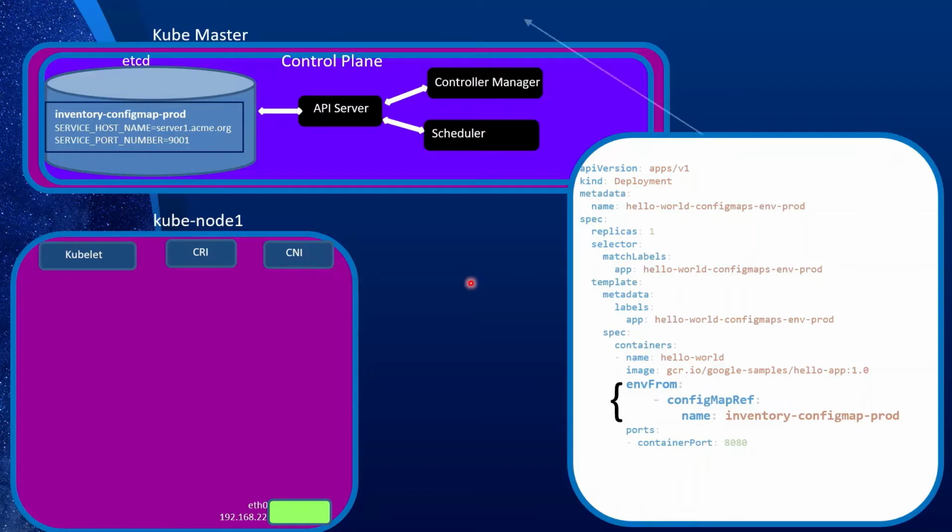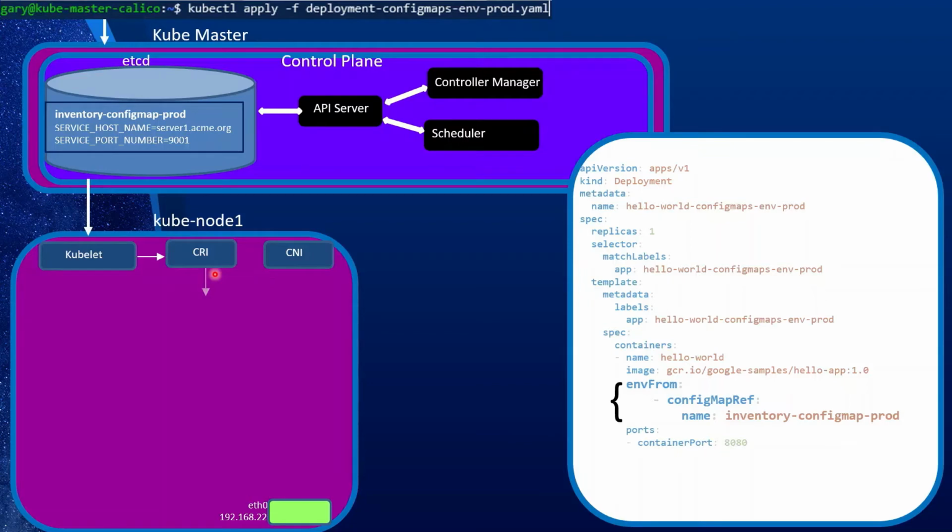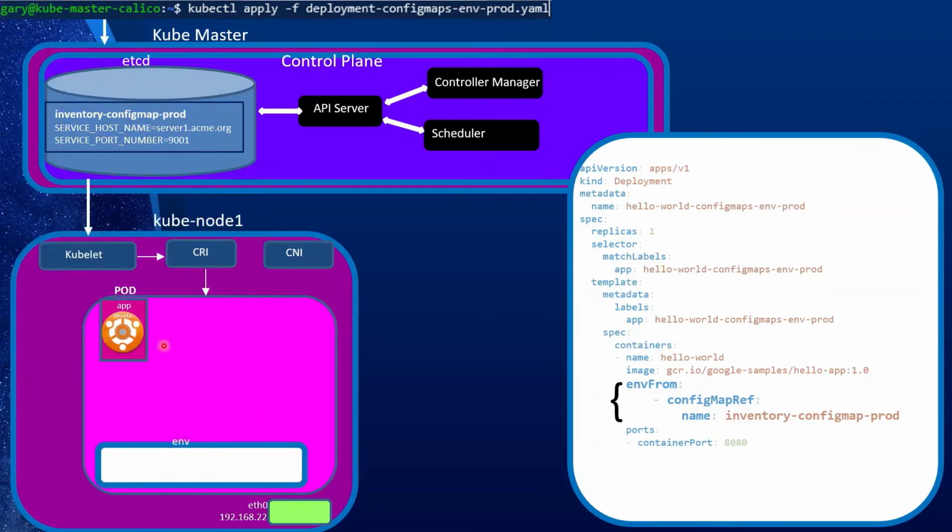Once we apply and run that, which is kubectl apply -f and the name of this YAML file, again it goes through the API server, which calls Kubelet, which calls CRI, and CRI creates our pod.